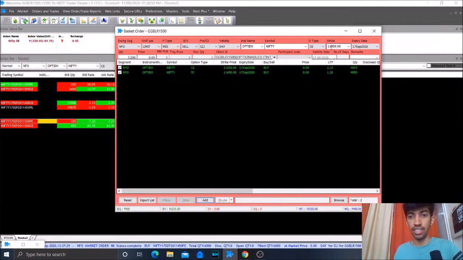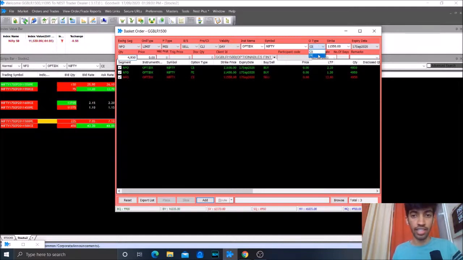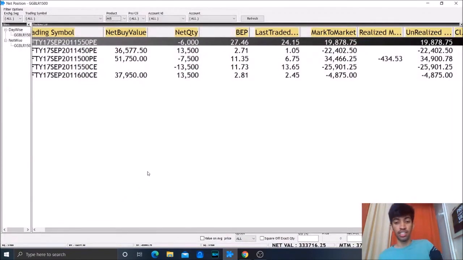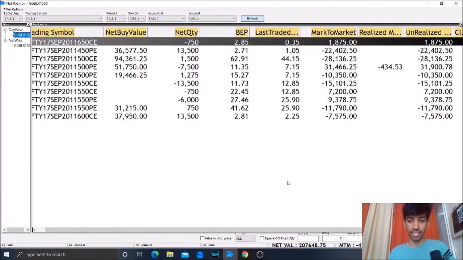I'll just delete this. 11,550, so 4950 and 11,500 PE 4950. So right, with that we are collecting a total premium of 20 rupees here, and we had already collected quite a good premium there. So we'll just refresh the positions and see what exactly is happening.